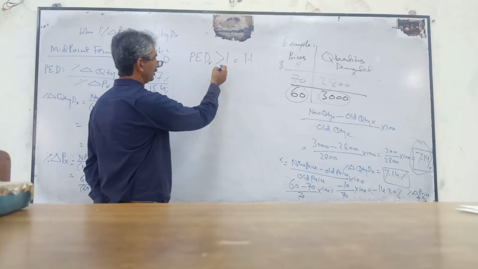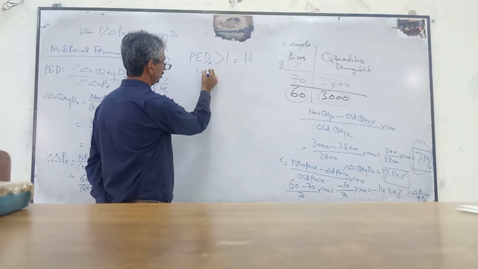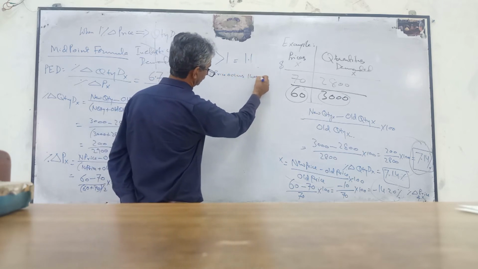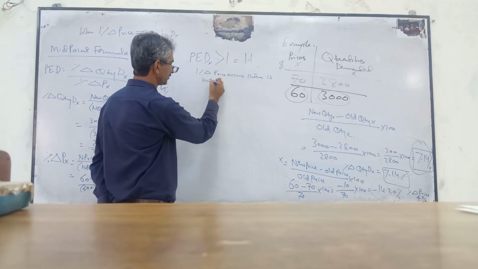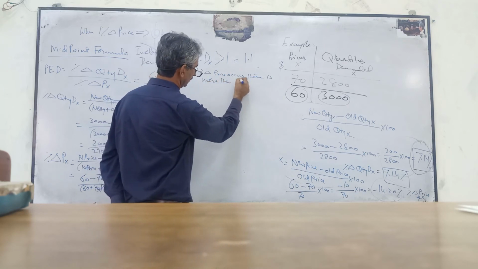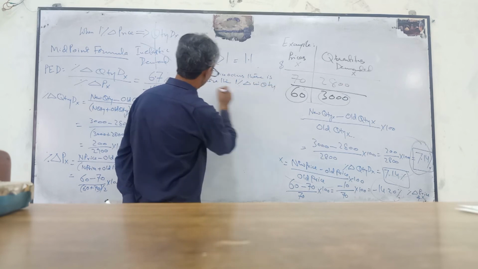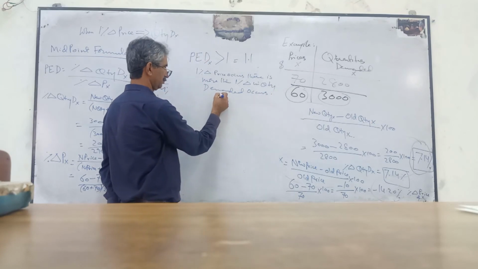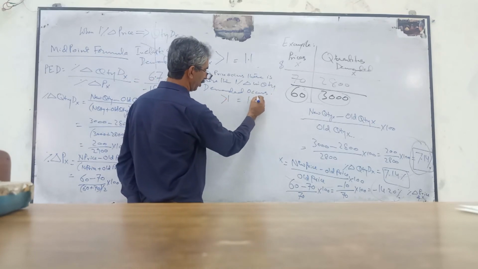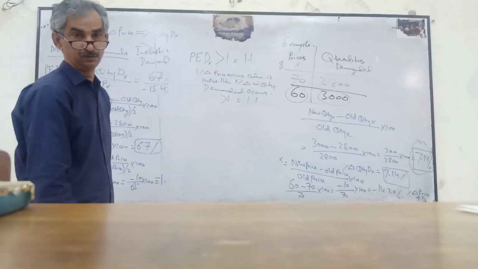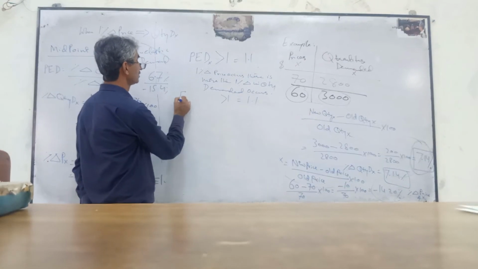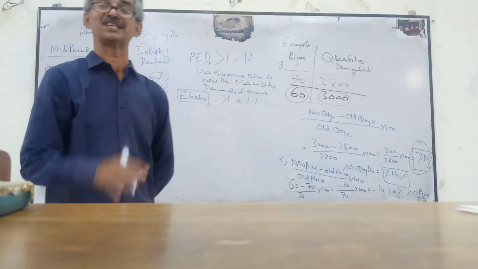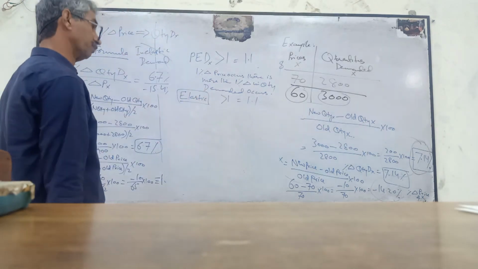It means when a 1% change in price occurs, there is more than 1% change in quantity demanded. So this is called elastic demand. Elastic demand means quantity demanded reacts more as compared to the change in price.